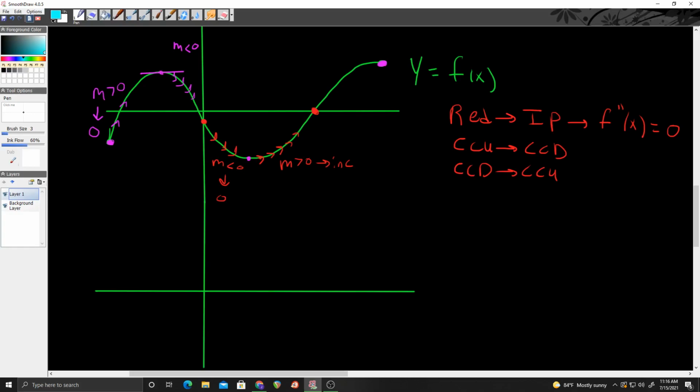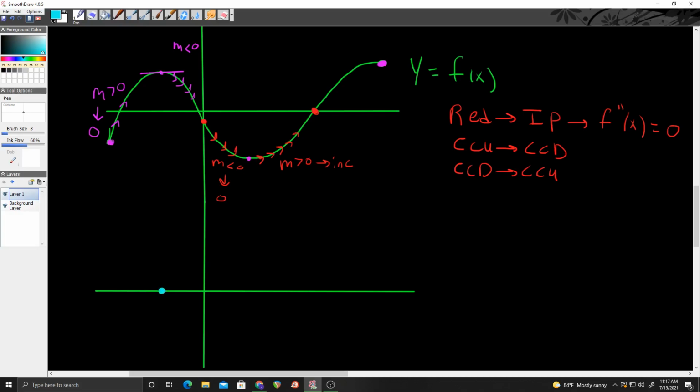This point on my derivative graph, the derivative is going to be 0 there.